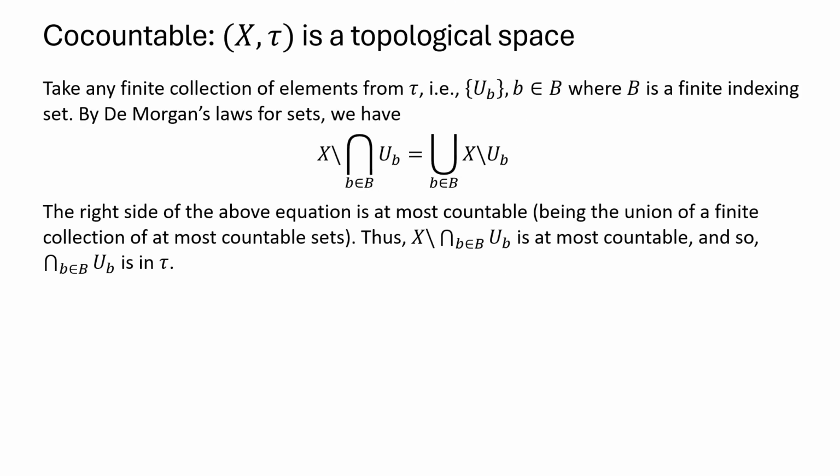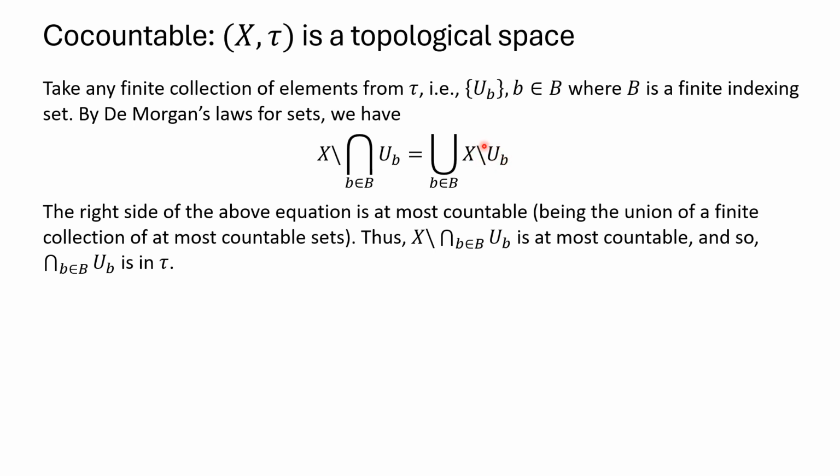Okay, then the last part in showing that our co-countable definition is a topology is to show that finite intersections are also in our topology. So take any finite collection of elements from tau, we'll call it U sub beta, where capital B is a finite indexing set. Then again, using De Morgan's laws, we have that the complement of the intersection equals the union of these complements.